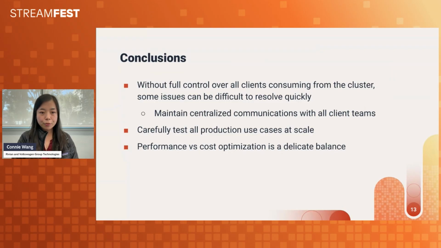And then last, performance versus cost optimization is a delicate balance and a constant tension within engineering orgs. The balance and compromises that need to be made depend on the organization and the team and the budget, but it is imperative to understand how you value performance and stability versus cost savings.